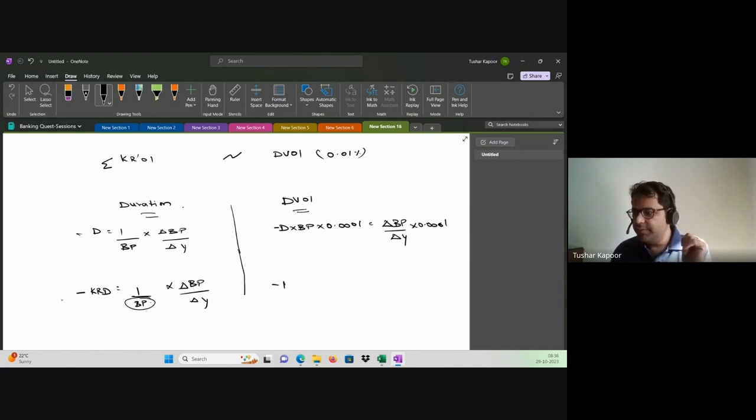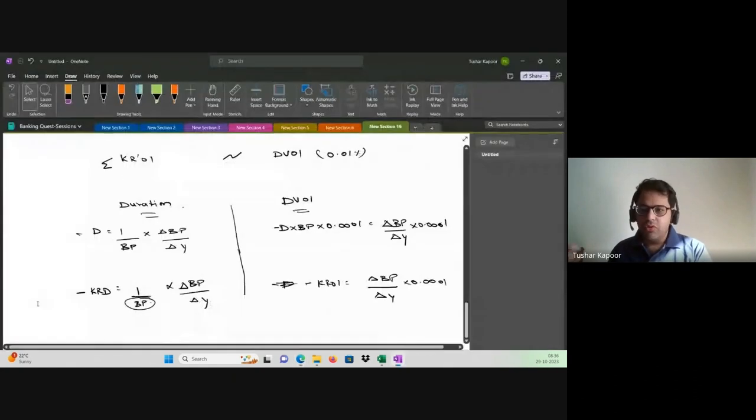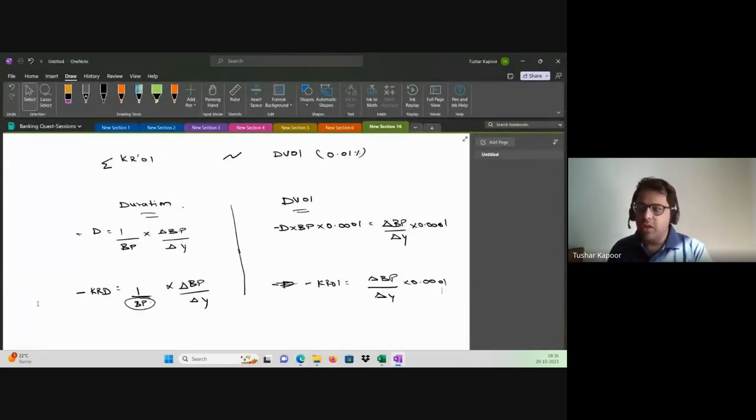Similarly, this whole side I'm counting as KR01, when the change in bond prices is with an impact of a 1 basis point change, by the change in yield multiplied by 0.0001, right? And I'm going to demonstrate it to you by the end of this chapter with an Excel, showing why the sum of the key rate durations and KR01s equal duration and DV01.